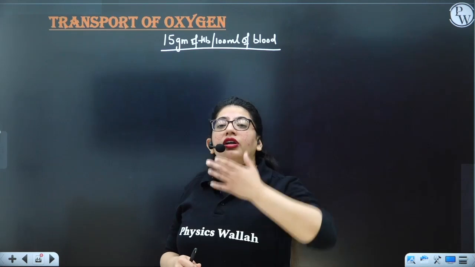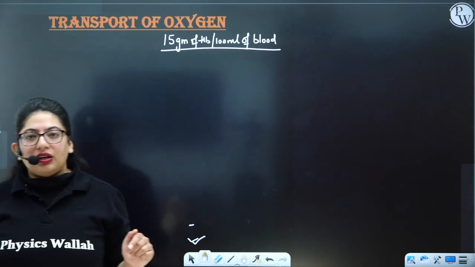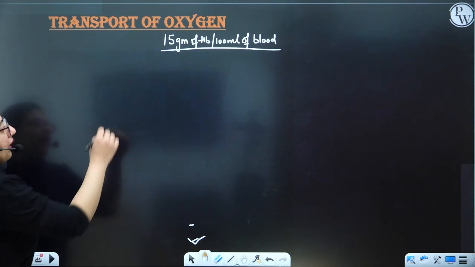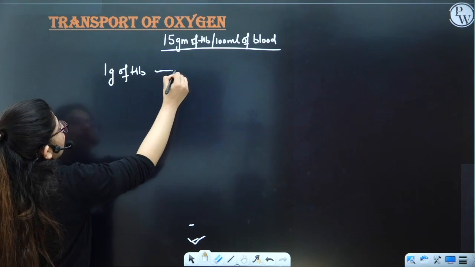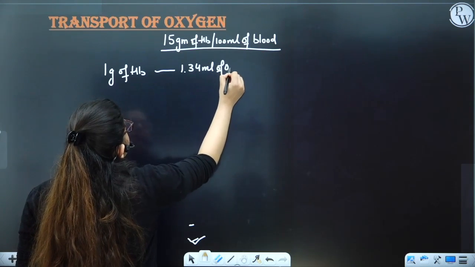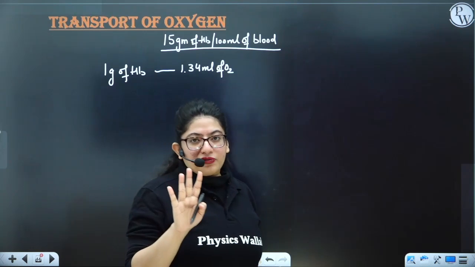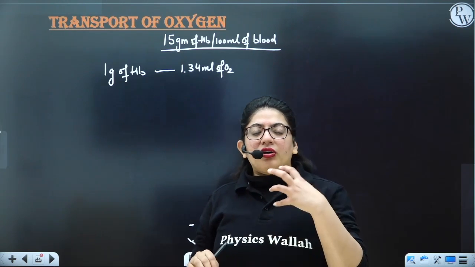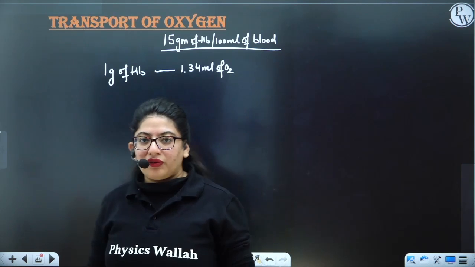So you have a lot of this pigment, which is hemoglobin, and this also provides the red color to your blood. And I say 1 gram of hemoglobin binds to 1.34 ml of oxygen. As we have discussed, one hemoglobin carries 4 molecules of oxygen. So when you want data in the form of mLs, that is 1.34 ml.